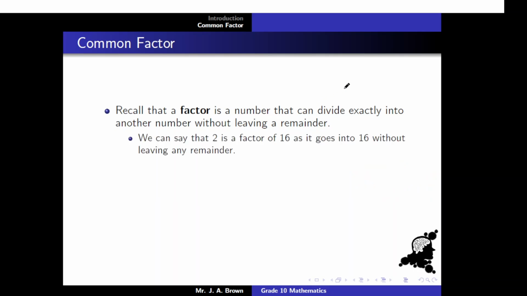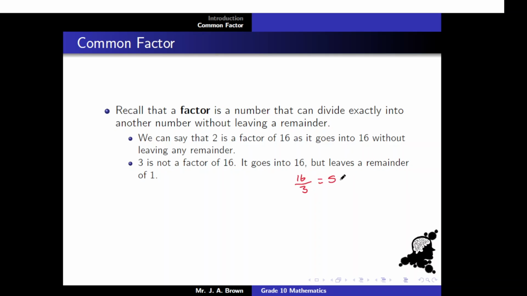Now, if you look at the example here, we've got 16. We say 2 is a factor of 16 because check this. 16 divided by 2 is going to give us 8. What is our remainder? Our remainder is 0. Because we have a remainder of 0, we can say that 2 and 8 are factors of 16. Now, 3 is not a factor of 16, because check this. If I say 16 divided by 3, I will get something like 5 comma.